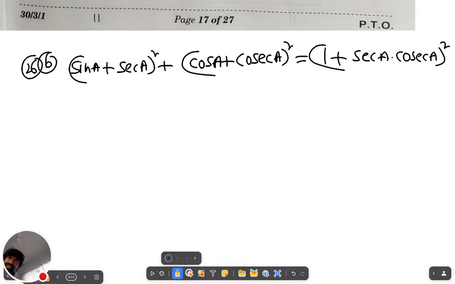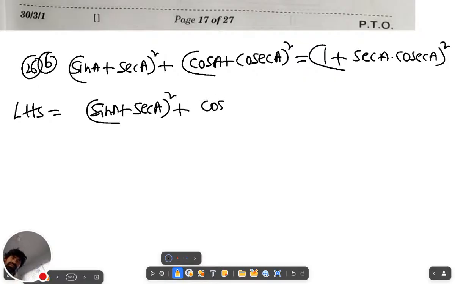So let's take LHS first. What is LHS here? Sin a plus sec a whole square plus cos a plus cosec a whole square.